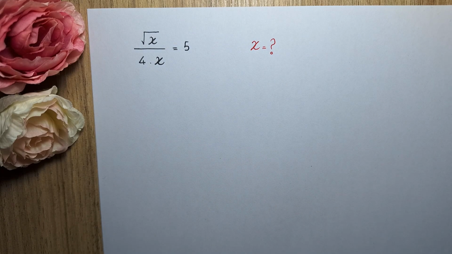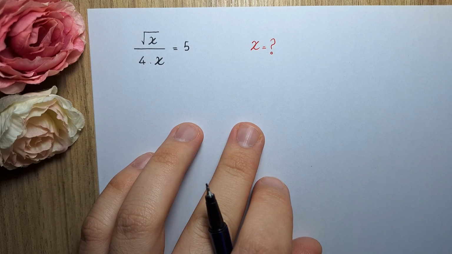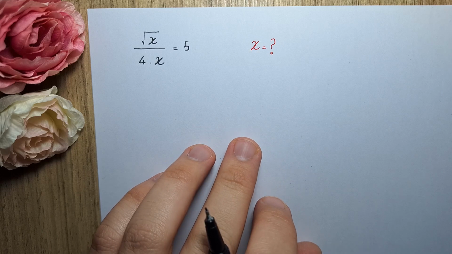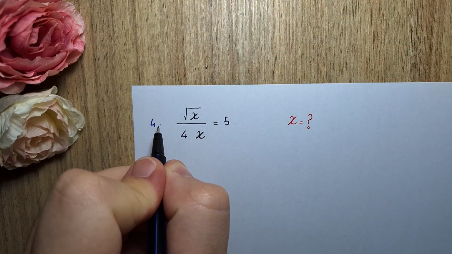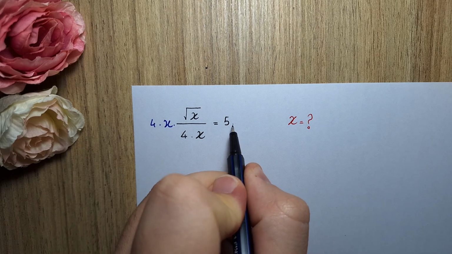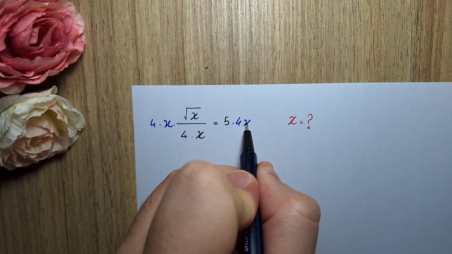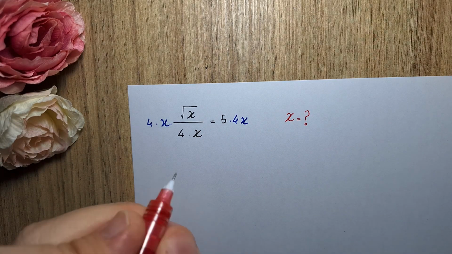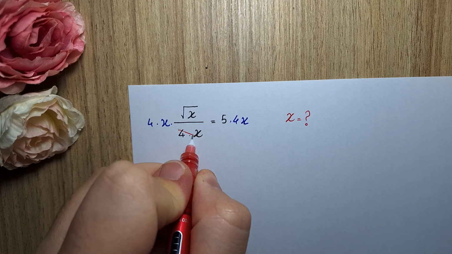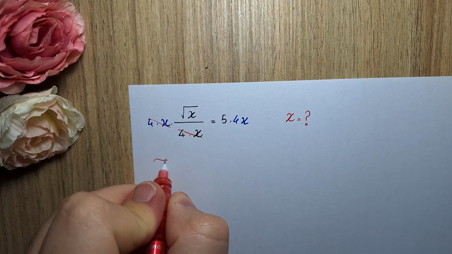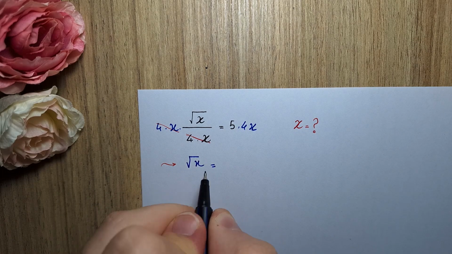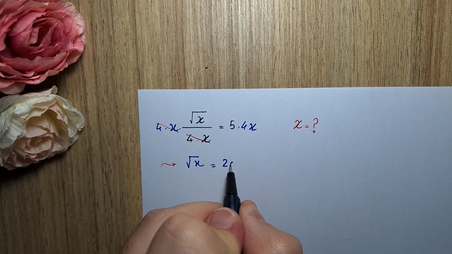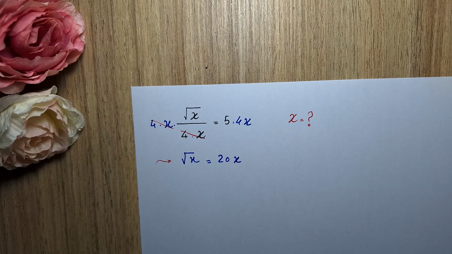In the first step, let's multiply both sides of the equation by 4x, like that. Now we can simplify this part and write square root of x is equal to 20 times x.